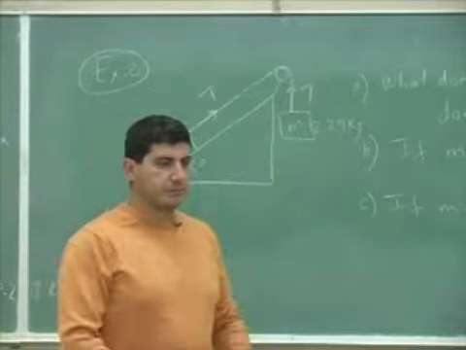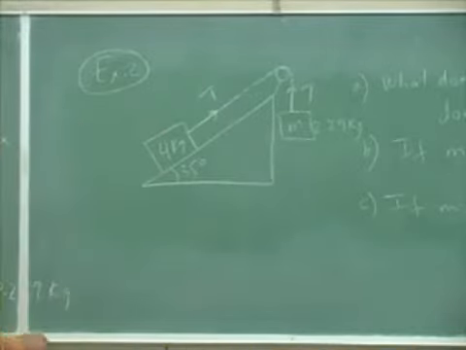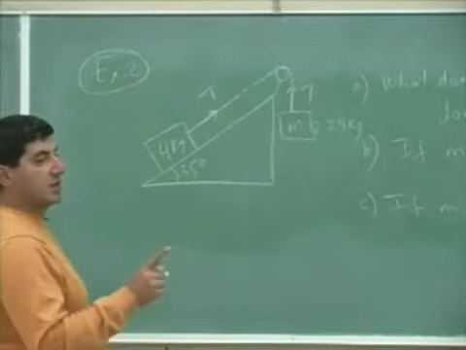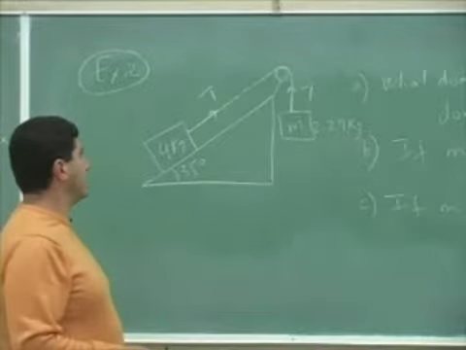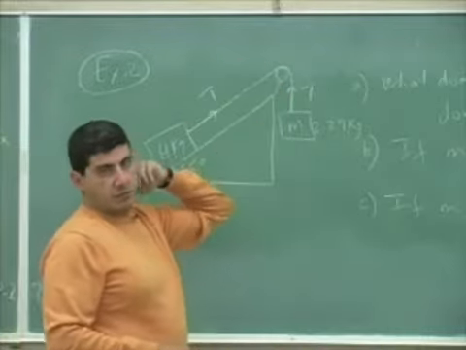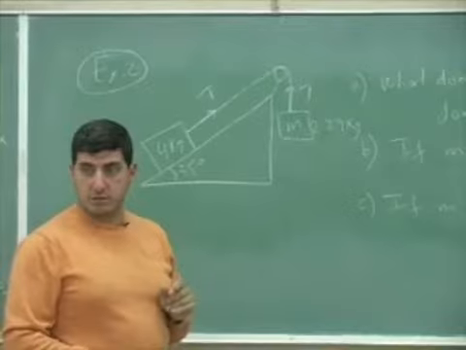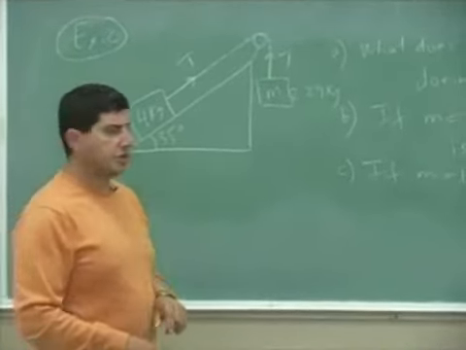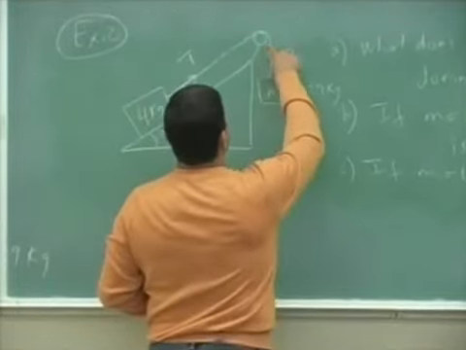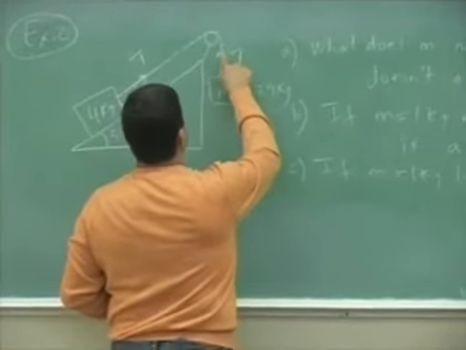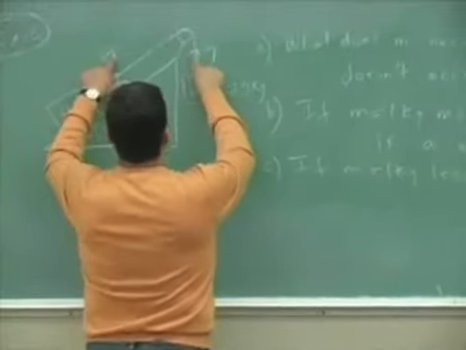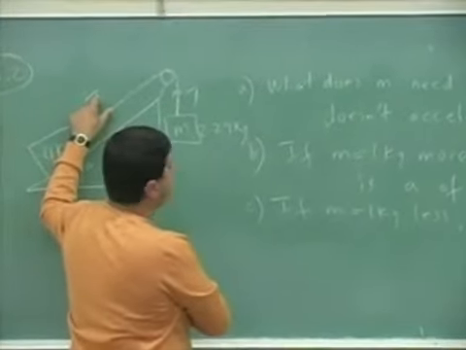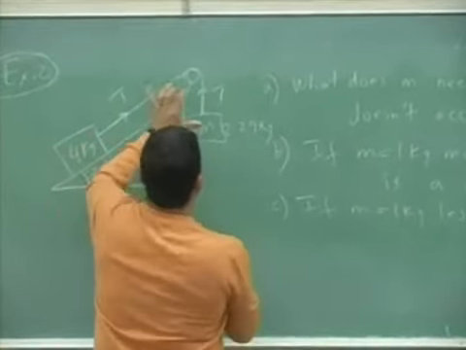How do you know the tensions are the same? The tensions are the same, good question, because we are actually ignoring the mass of the pulley. When we get to chapter 10, and when we do rotational motion, we're going to talk about moment of inertia. Then you're going to see that the tension on this one here is going to be a little more than the tension there, if you want it to accelerate this way.